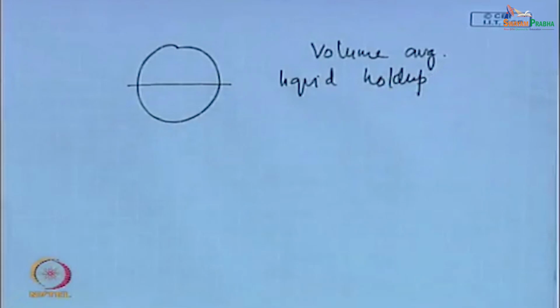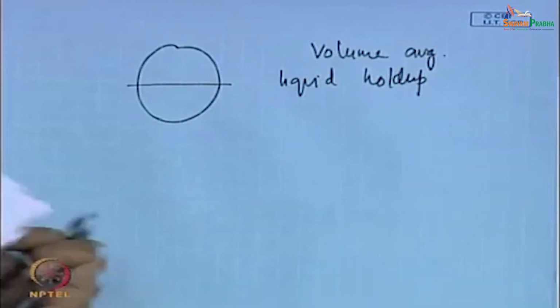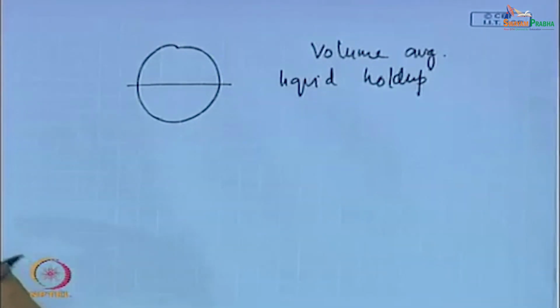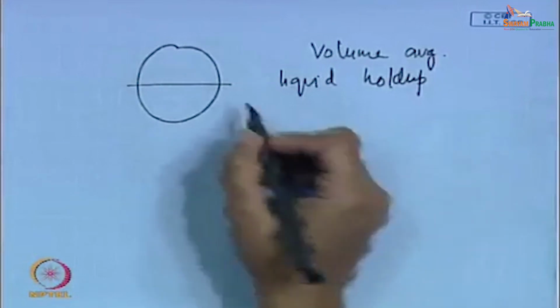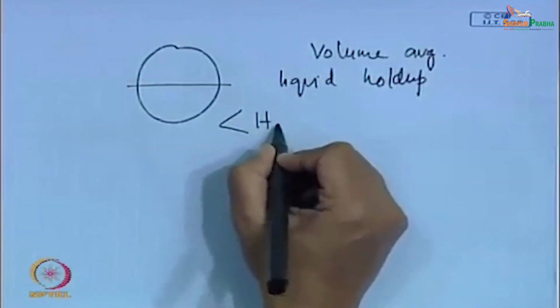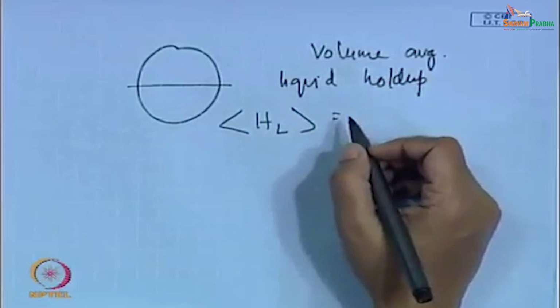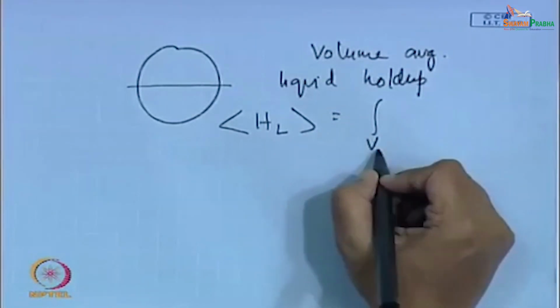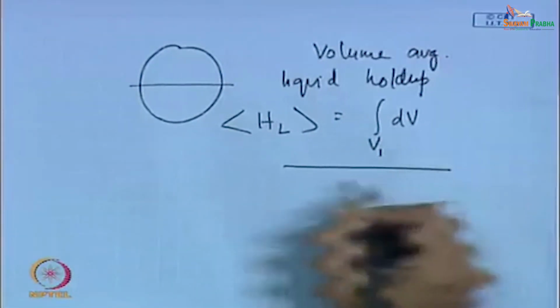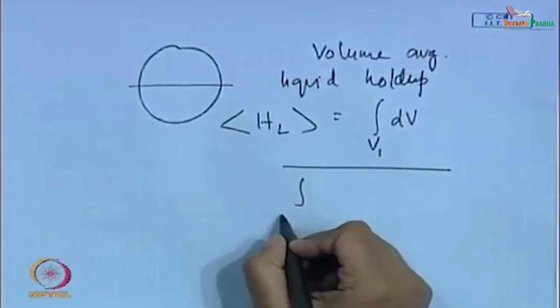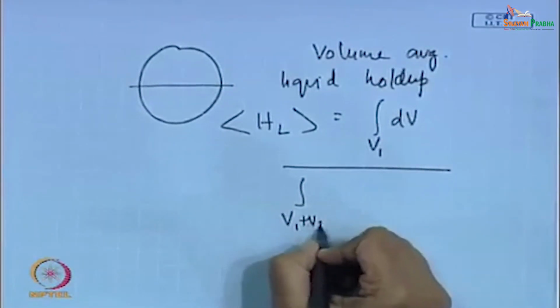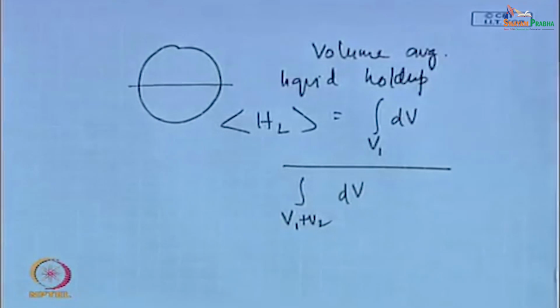Now, how do we define this volume average liquid holdup? Usually the way we define it, mathematically we can express it as the integral of V1 dV divided by the integral of V1 plus V2 dV, is it not?